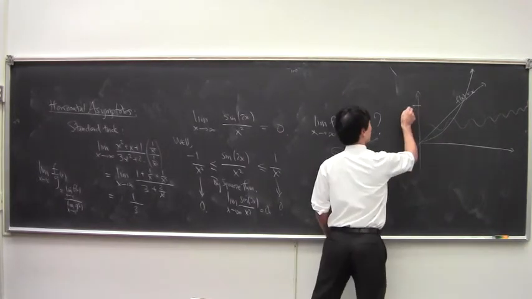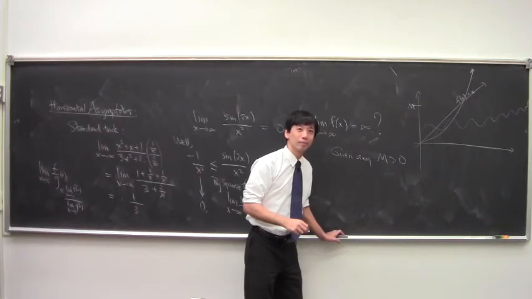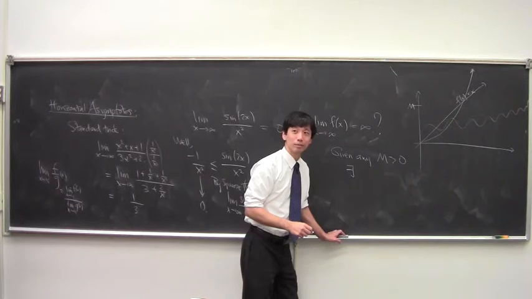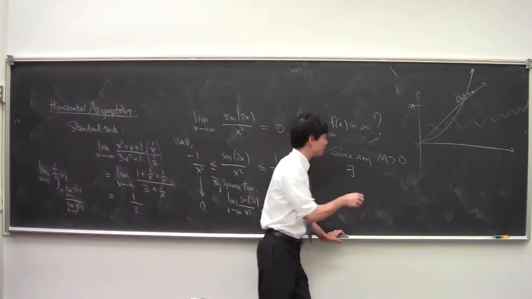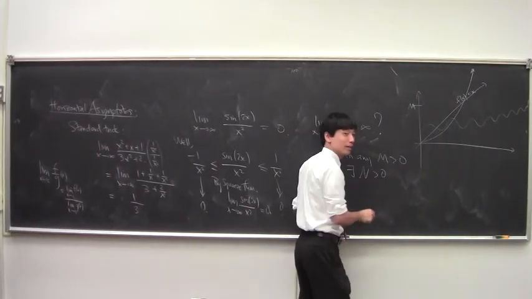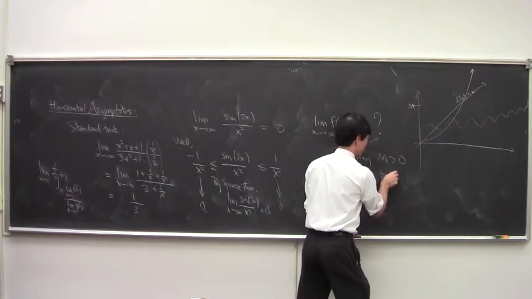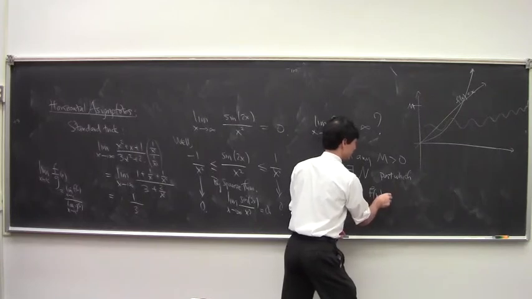Given any height, there exists some point n, very good, past which f of x exceeds the bar.